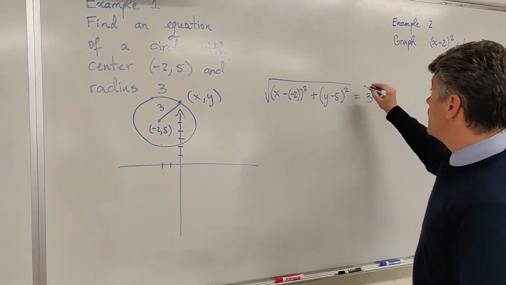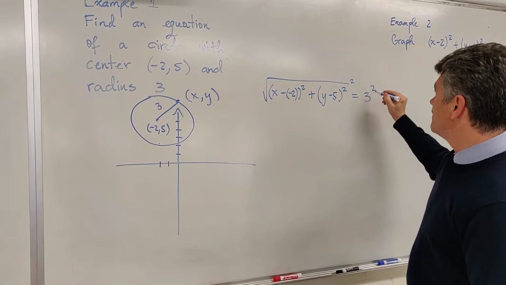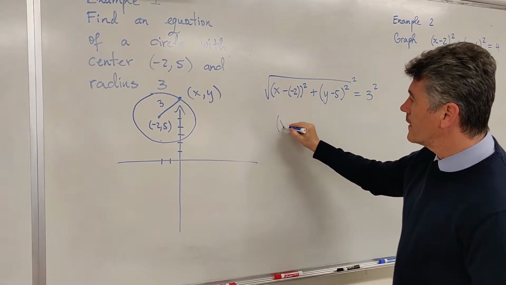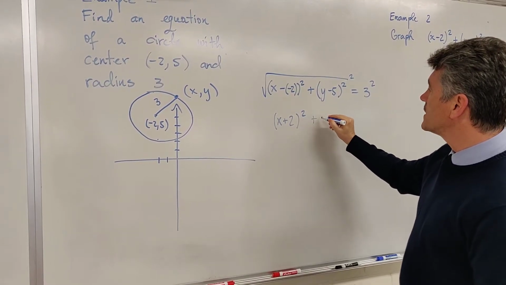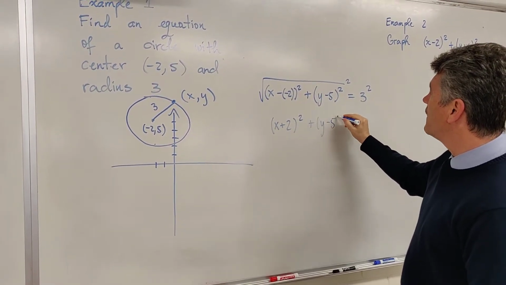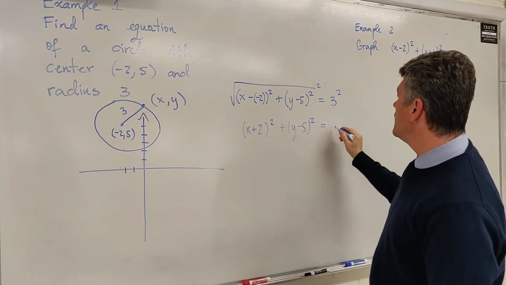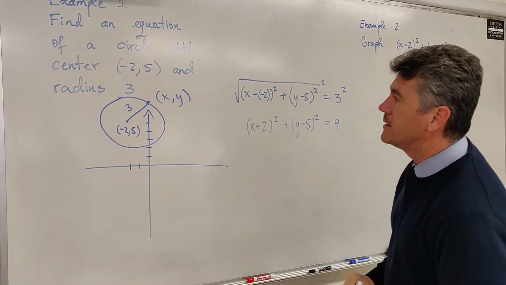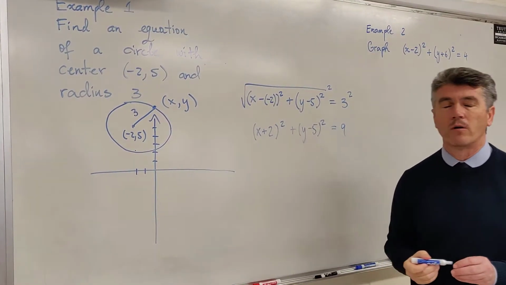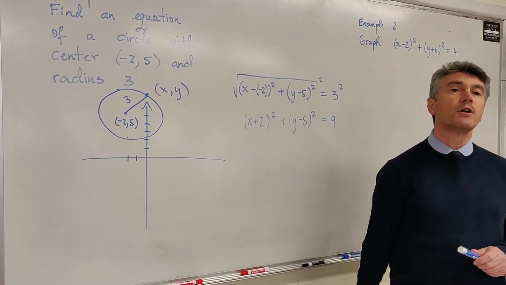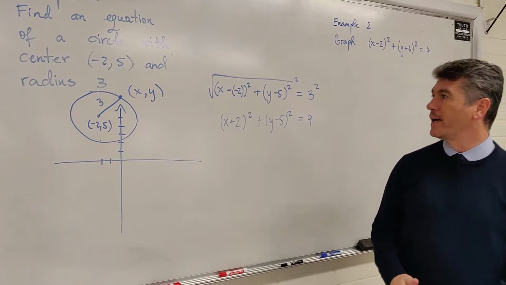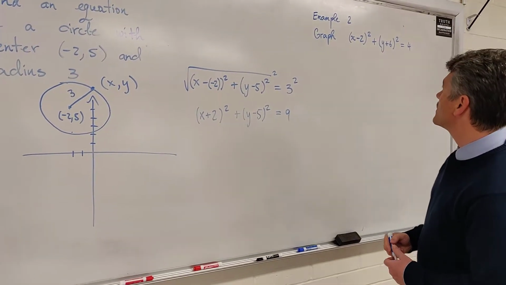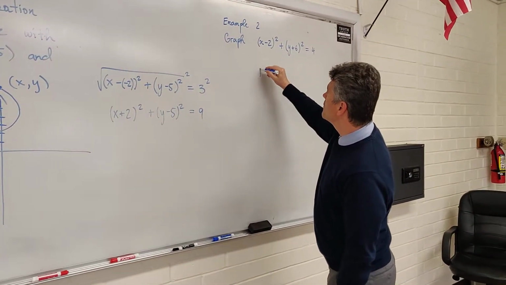We square both sides, and we get (x plus 2) squared plus (y minus 5) squared is equal to 9. So this is one way of doing this problem. You notice that even though we know the formula, we ignored it completely. What's the second way of doing the problem? So this would be method 2.